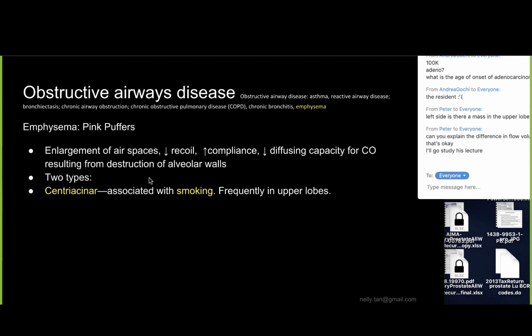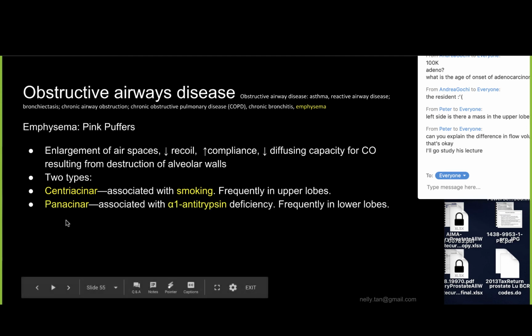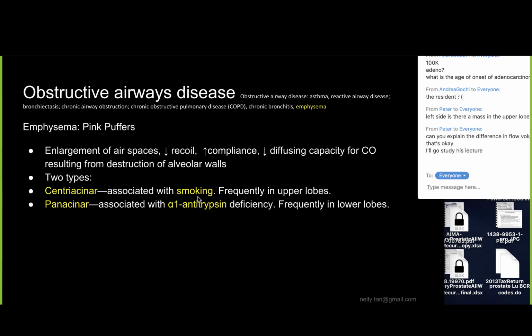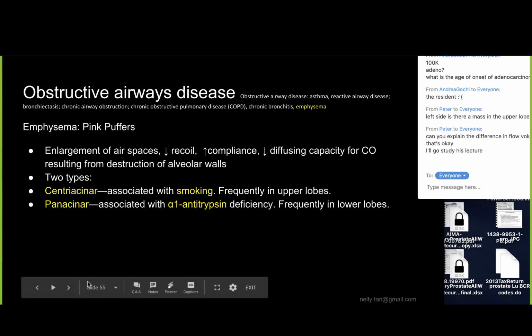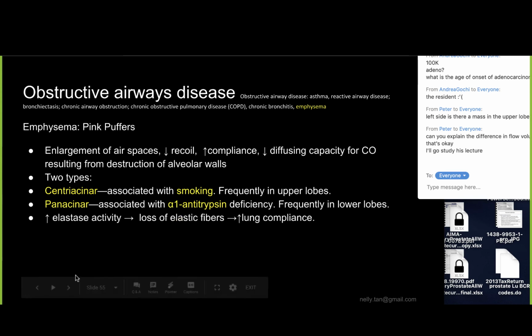So there are different types of emphysema. Centriacinar, or centrilobular, is due to smoking, usually in the upper lobes, because the smoking carcinogens travel up since it's airborne. In contrast, panacinar is a genetic problem, alpha-1 antitrypsin deficiency, so the entire lung is affected and there's no upper lobe distribution.